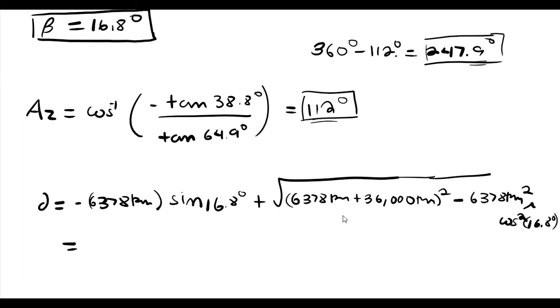So, minus 6378 meter squared cosine 16.8 squared. So, minus 6378 times 10 to the positive 3 sine 16.8.